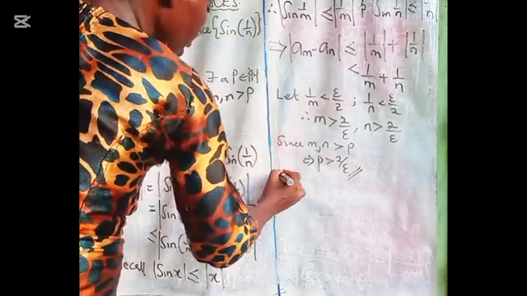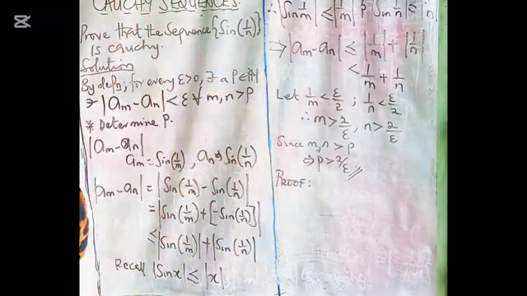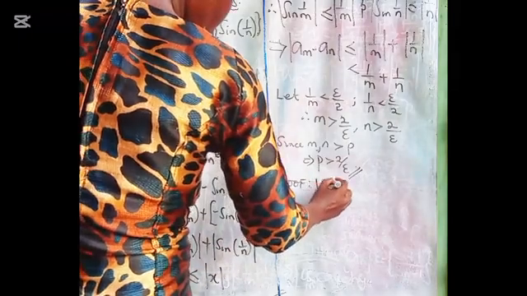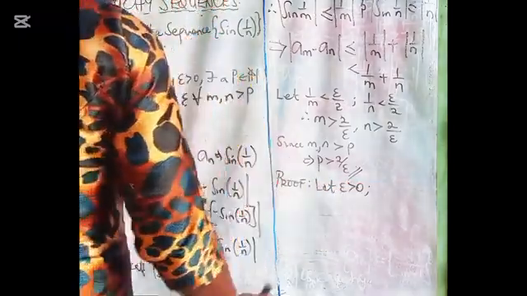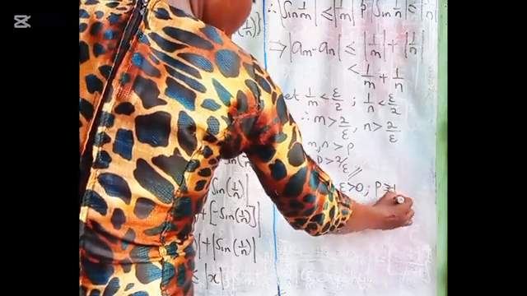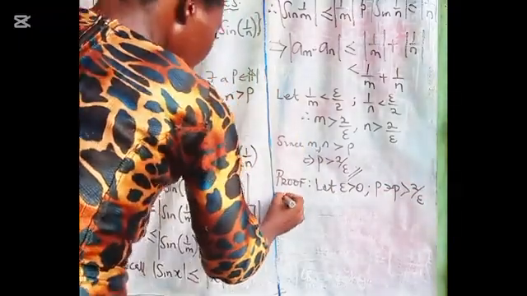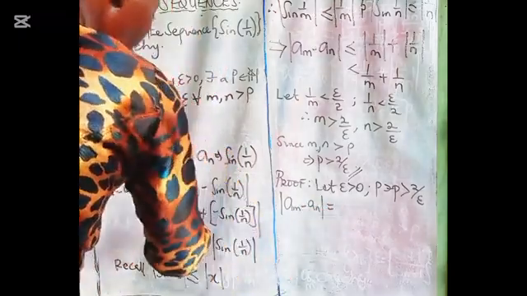We then go ahead to prove. Let epsilon be greater than 0, and let p be such that p is greater than 2 over epsilon. Therefore, the absolute value of a sub m minus a sub n, which we have said is what?